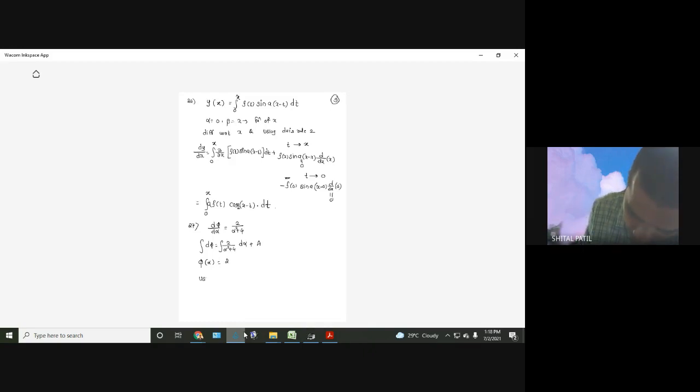I am using this formula: one upon a. So decide the value of alpha, and for that we have to use equation number 1.